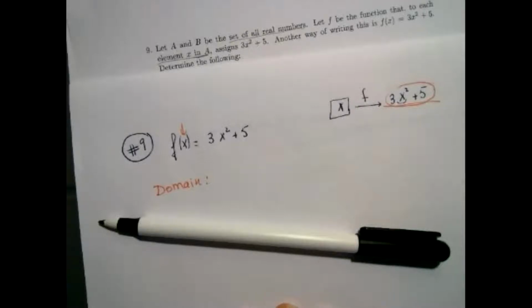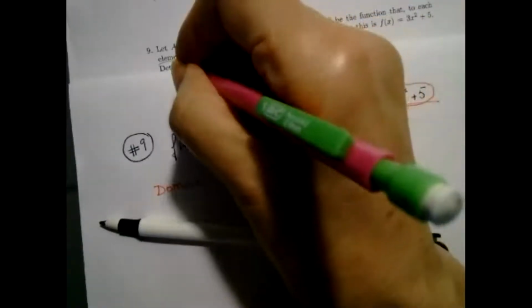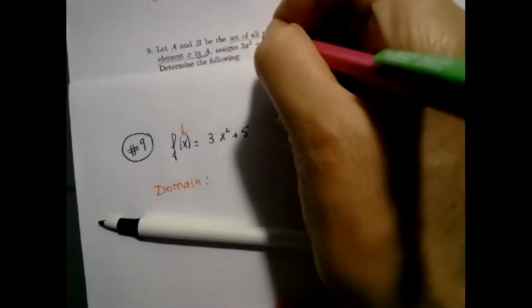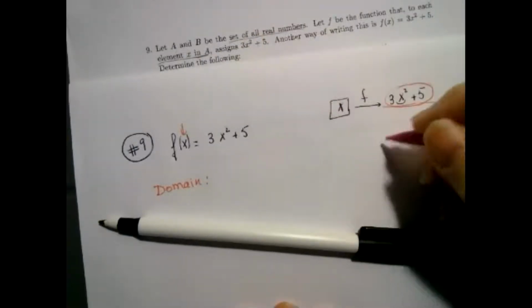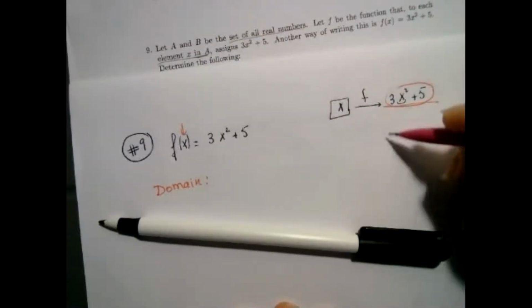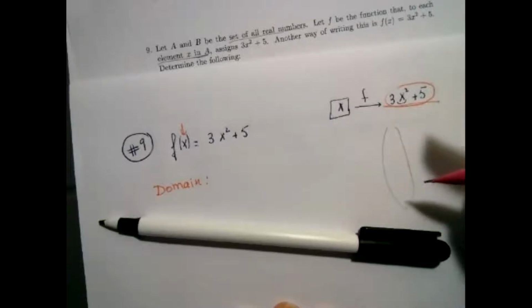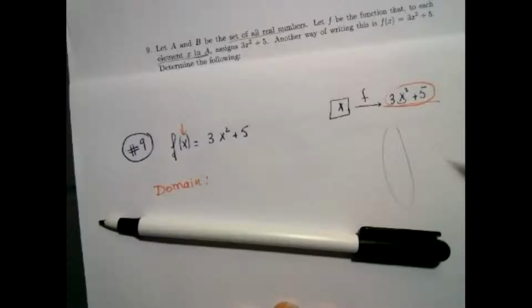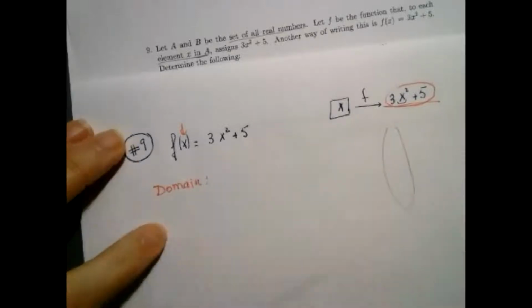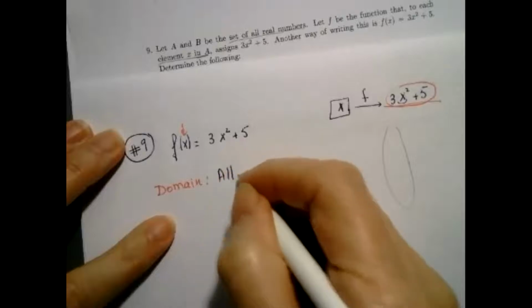Would it be all numbers? Exactly, all numbers, all the numbers. Because if we read the problem, f is assigned to each element in A. A is all the numbers. It means here, when I'm drawing, I cannot draw anymore because here I should have every possible number. Not the possible numbers are not 0, 1, 2, 3. It's 0, it's a half, it's a third, it's a fourth, it's 1/7. So infinitely many of them. So the domain is all real numbers.